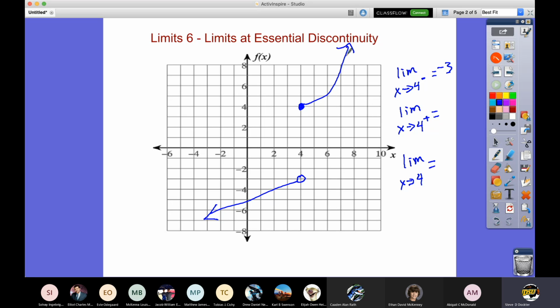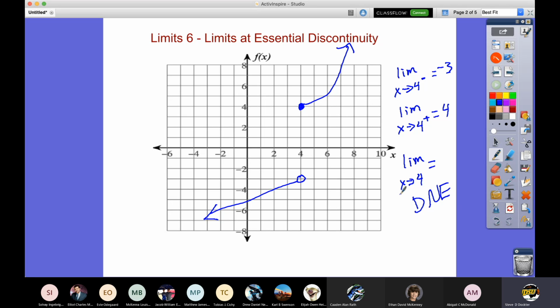From the right side, we're getting closer and closer and closer to 4 here. Now, when we approach it from both sides, remember they've got to be the same to be able to find the limit, and we can tell that quickly from the graph. As we approach on the left side and the right side, it's not going to be the same. So this would be a DNE, it doesn't exist.